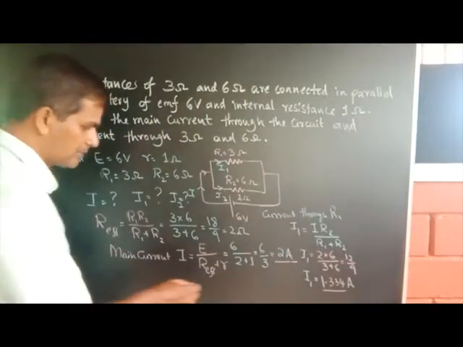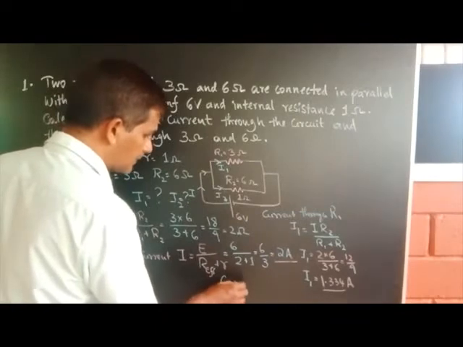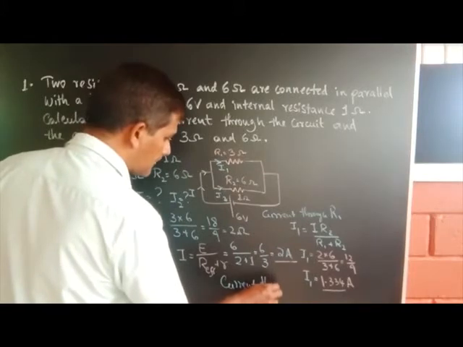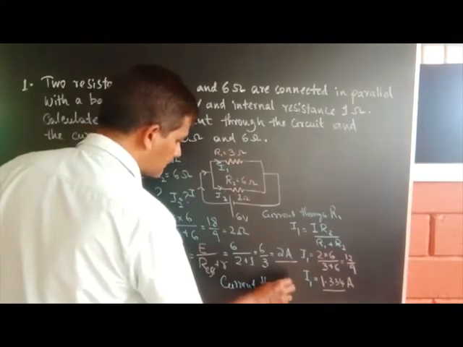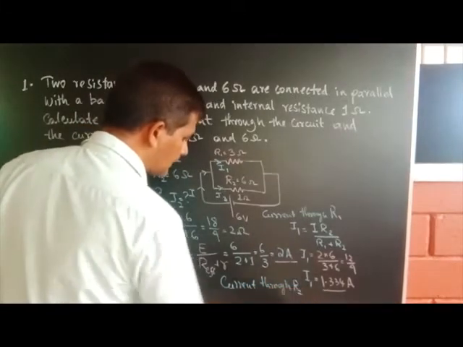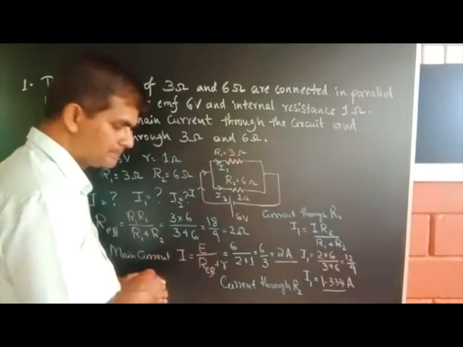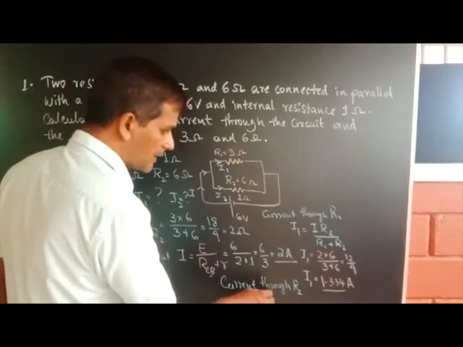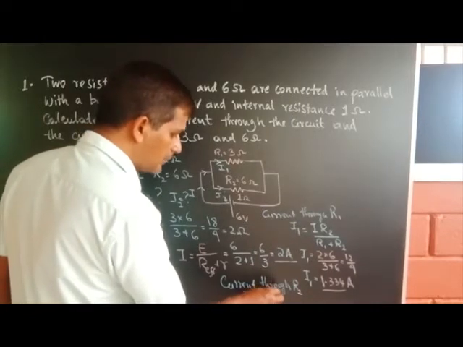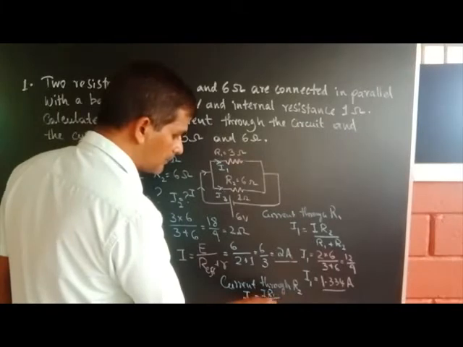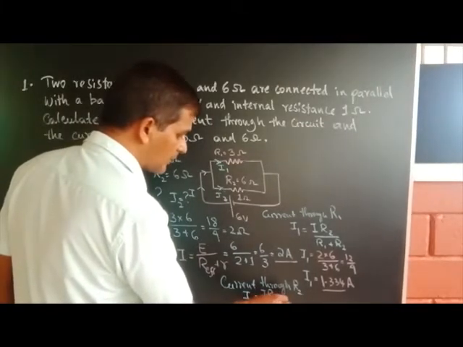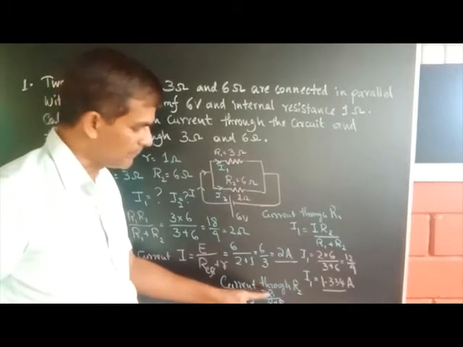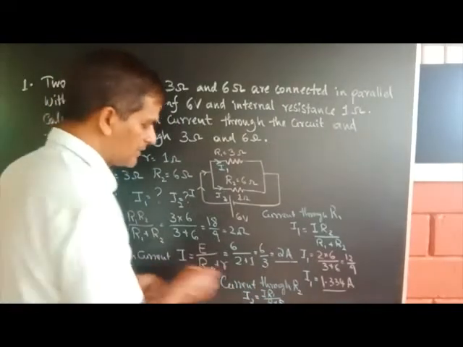Similarly, the current through this resistance R2, that is I2, is the main current into the resistance in the opposite branch divided by the sum of the resistances.